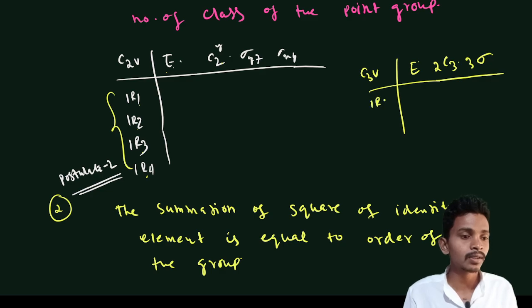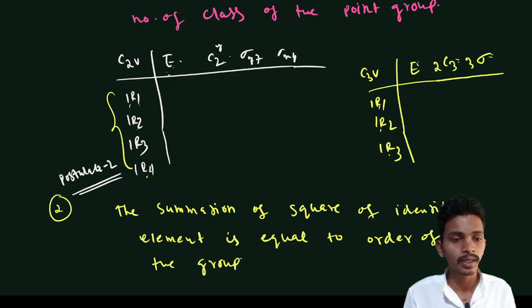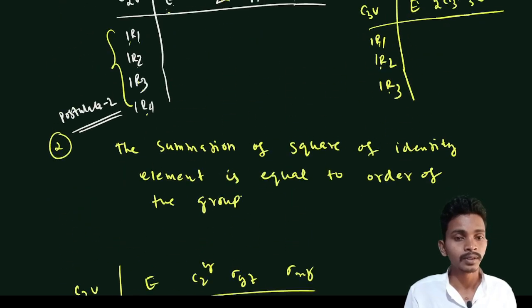So 3 classes will come here, not 4, because with 3 classes there will be 3 irreducible representations. Here there are 4 classes, so 4 symbols of irreducible representations will be notated. This is the first postulate.